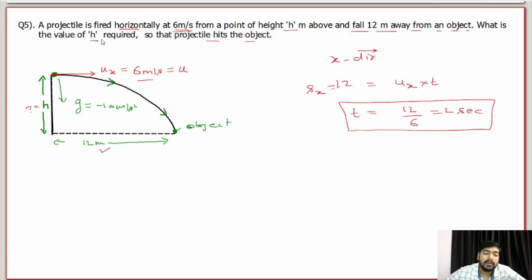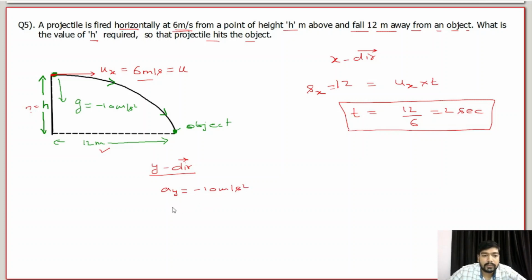Now we'll take the motion in y direction and calculate the height. It's very simple to calculate by bifurcation. We know the acceleration in y direction is minus 10 meter per second square.